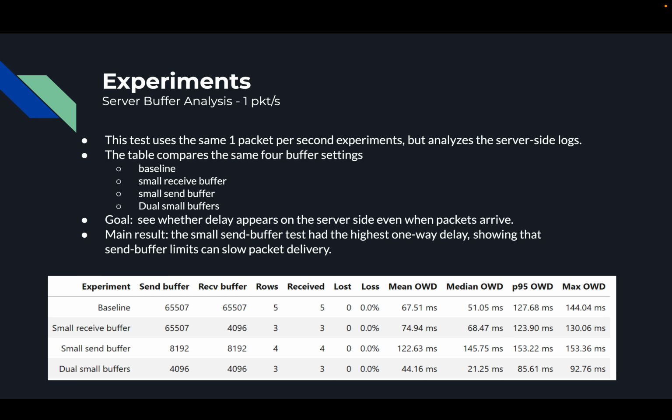The small send buffer case has the highest delay with a median one-way delay of about 145.7 milliseconds. The dual small buffer case has the lowest median delay among received packets, but also has fewer recorded rows. Server-side results confirm that the small send buffer condition creates the most delay.